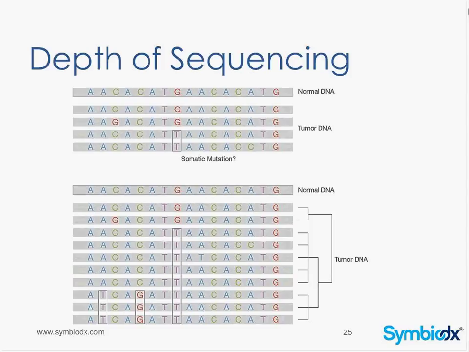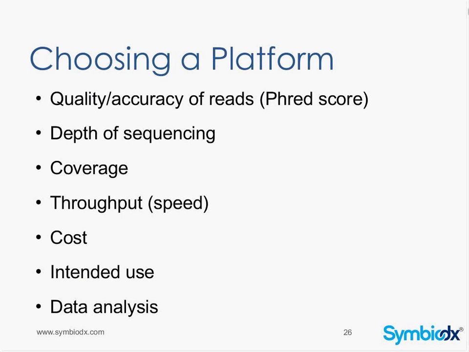Say we have at least 250 for depth of sequencing and go all the way up into 6,000 or 7,000. Our average depth of coverage is 2,000 over the entire range of our assay. Consider this as coverage, and that's part of what I just alluded to.